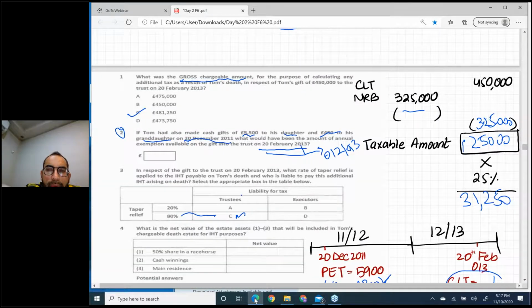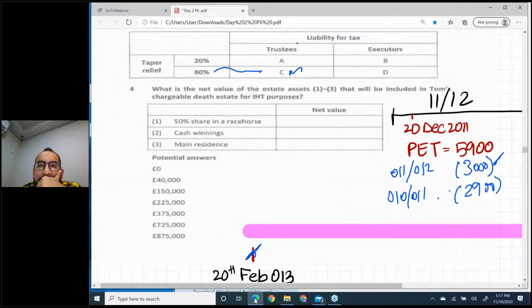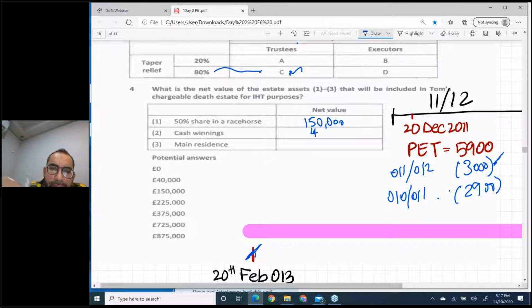What is the net value of the estate assets 1 to 3? Point number 1 to 3 will be included in Tom's chargeable death estate. I hope you remember the number. 50% share in race horse, that is 150,000. Cash winnings 40,000.